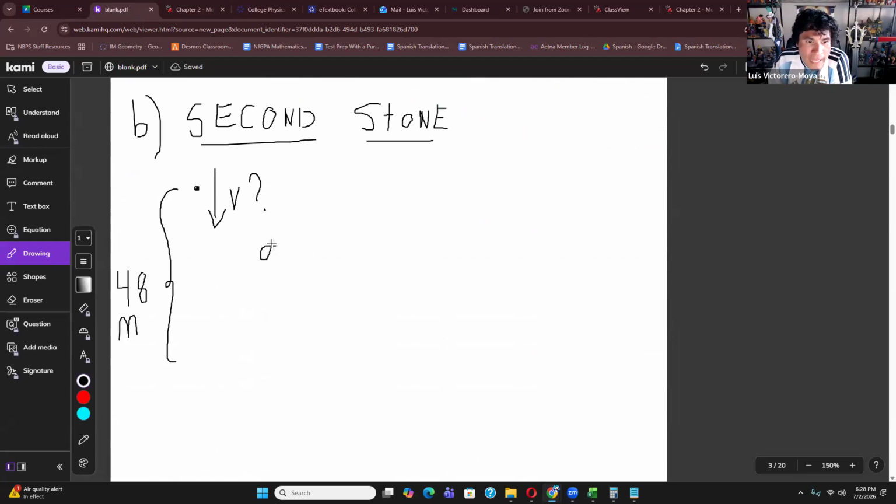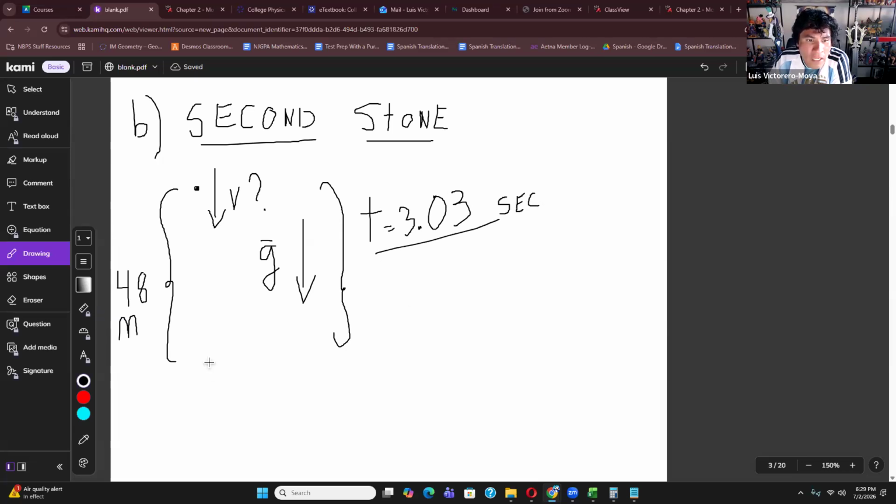It's also going to be dragged down by gravity. And you already know it's going to take a time to reach the water of 3.03 seconds. So who can tell me what's the initial velocity? Easier.